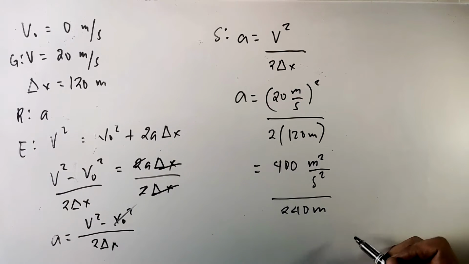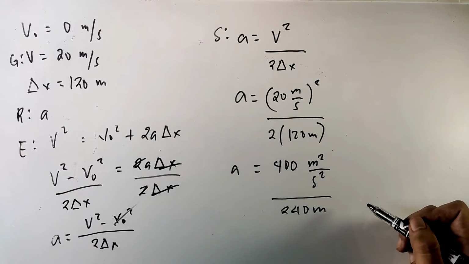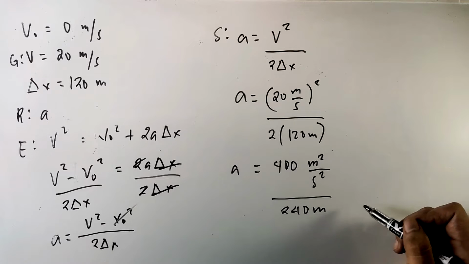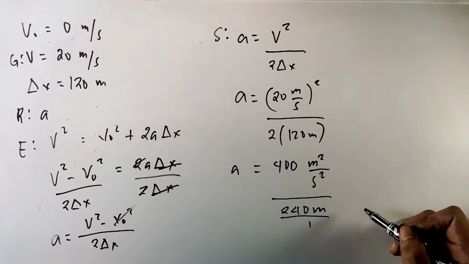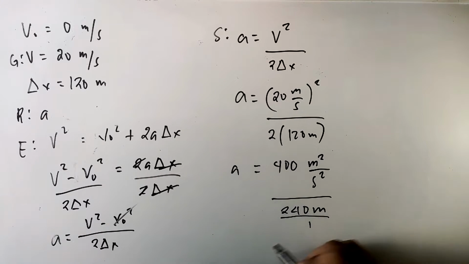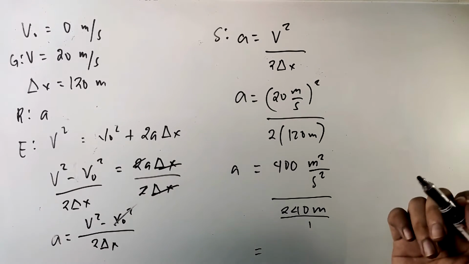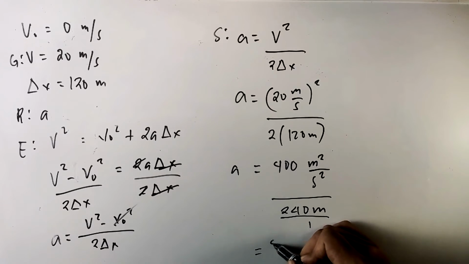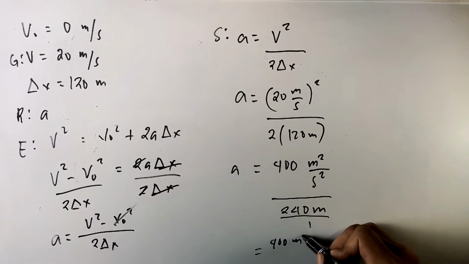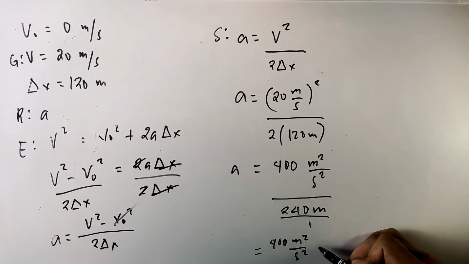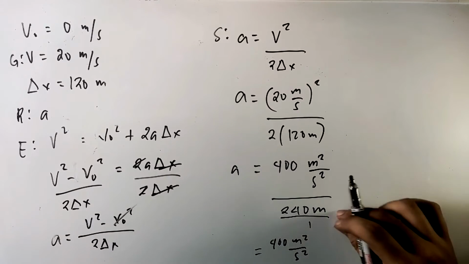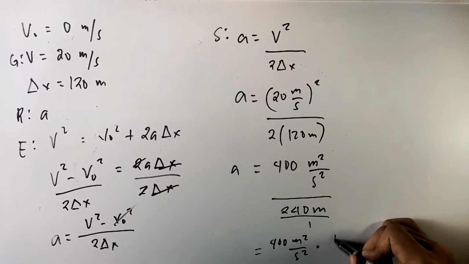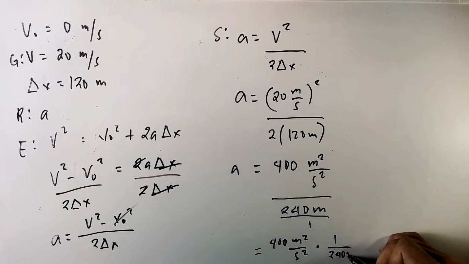Can you see that? Alright, so after that, this is divided by 1, correct? What's going to happen is you can input it on the calculator, but to show truly what would happen, this would be 400 meters squared per second squared. So you're going to reciprocal it, multiplied by 1 over 240 meters.